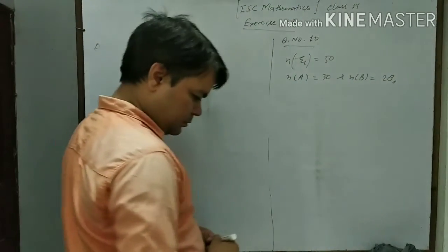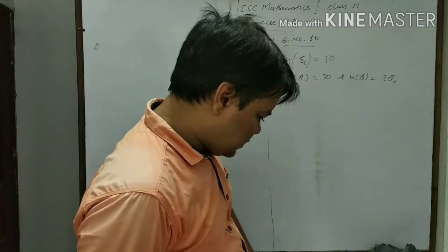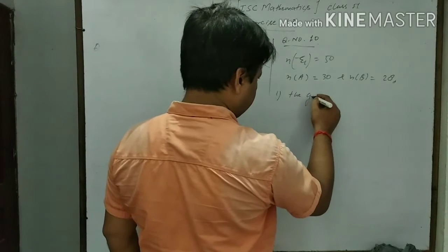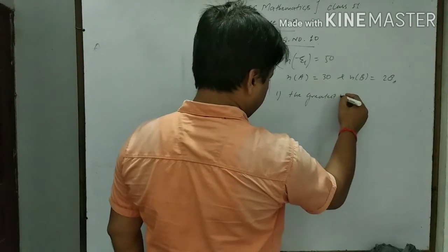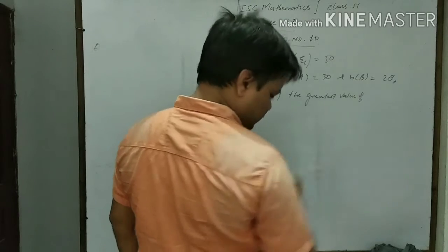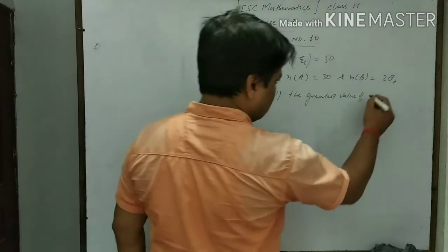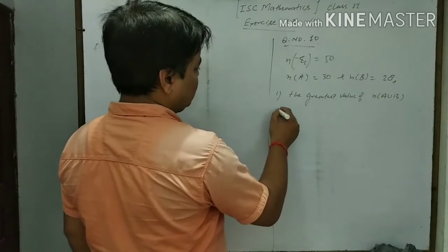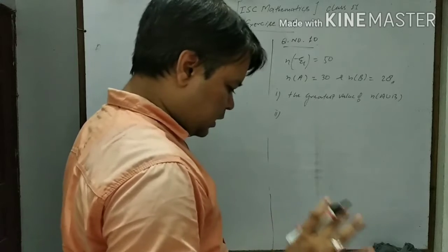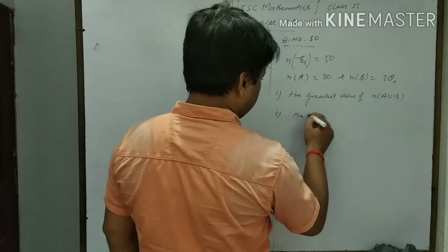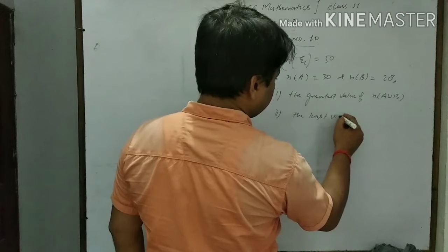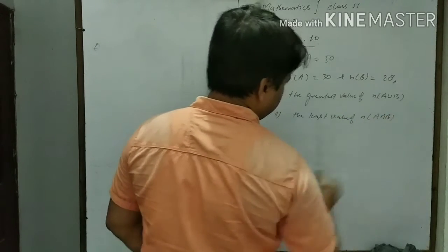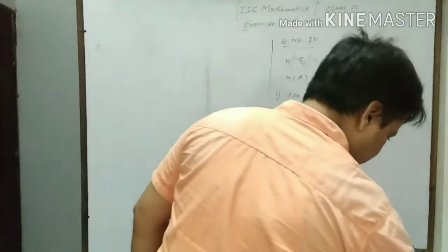Okay. Then the question is, find the greatest value of the cardinal number of A union B, and the second one, the least value of the cardinal number of A intersection B. We have to find these values.